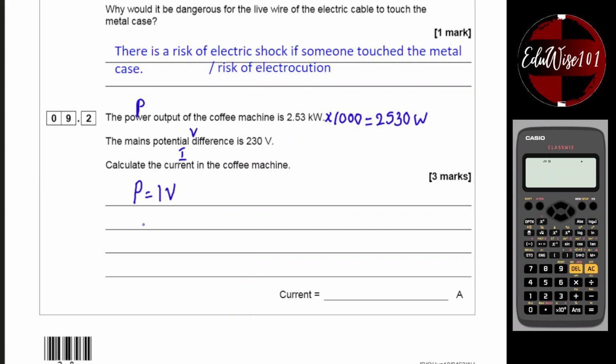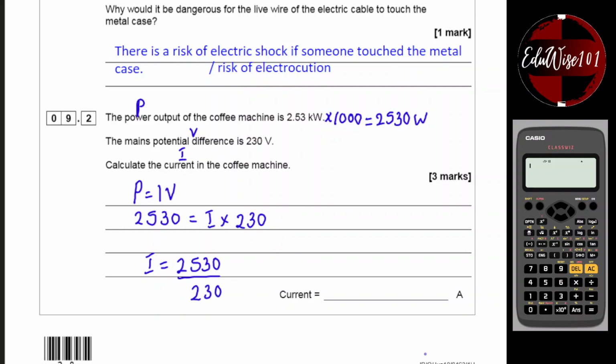So substituting those values, 2530 equals the current multiplied by the potential difference, which is 230. Rearranging the equation, I equals, or the current equals, 2530 divided by 230.